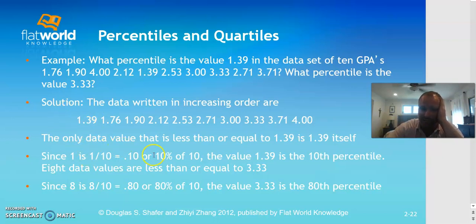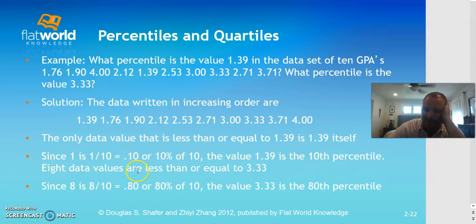It's only 1/10 of the data. So since 1 is 1/10, which equals 0.10, there's 10 values of data, 1, 2, 3, 4, 5, 6, 7, 8, 9, 10, and this happens to be the first out of it, so that's 1 divided by 10. We can say that 1.39 is in the 10th percentile.